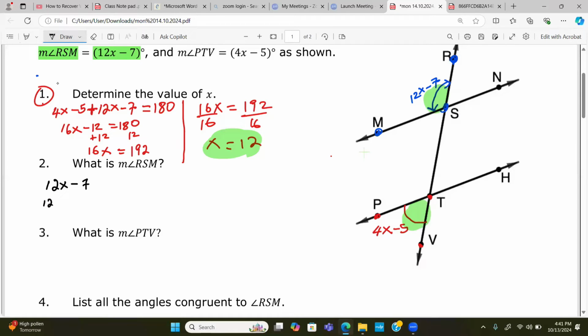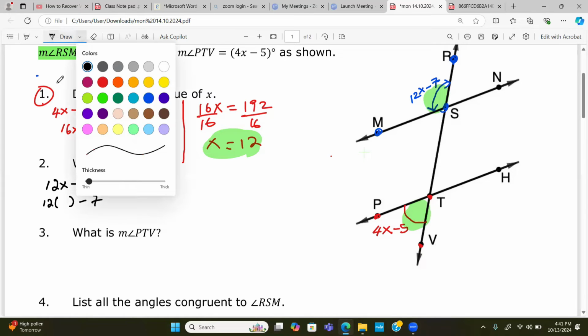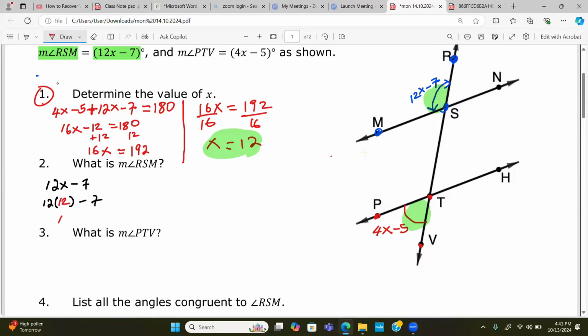Therefore, we're going to substitute 12 wherever x is. So this is 144 minus 7, which is going to leave us with 137 degrees. So basically, that angle is 137 right there.